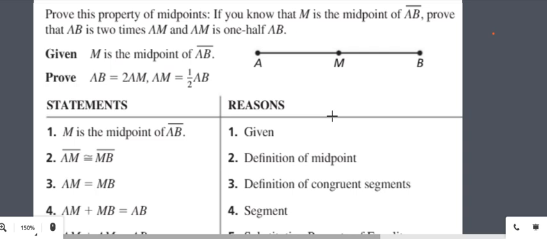So we have to prove that if M is the midpoint of AB, then AB is equal to 2 AM, and AM is equal to 1/2 AB. What does it mean?